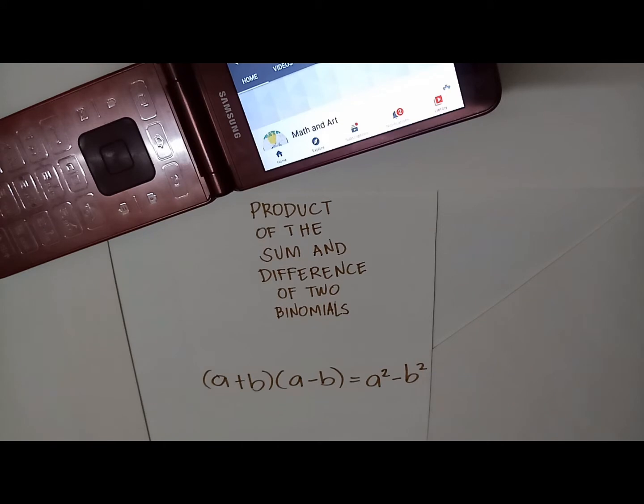And notice that the terms a and b in the first binomial are the same as a and b in the second binomial. The only difference is that the first binomial is joined by a plus sign, and the second binomial is connected by a minus sign.